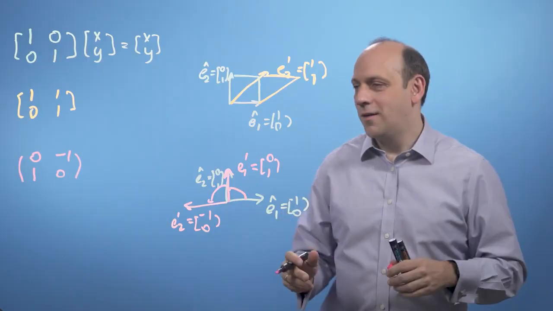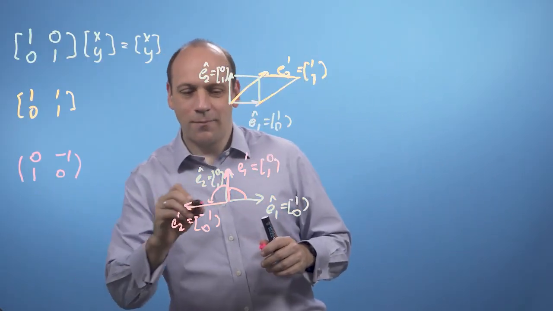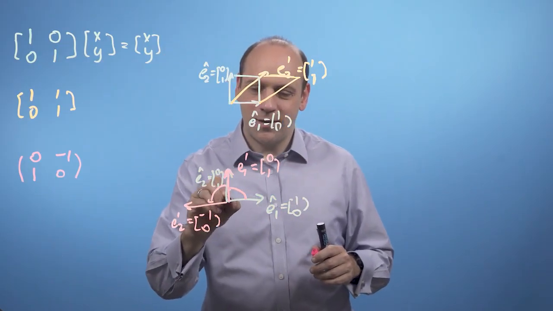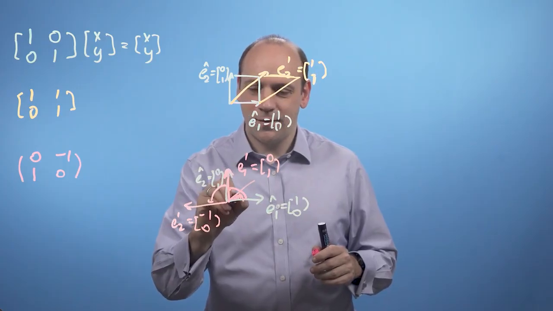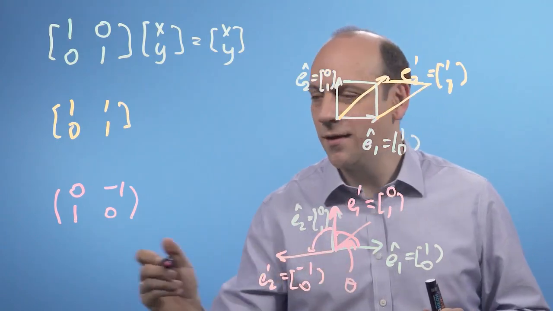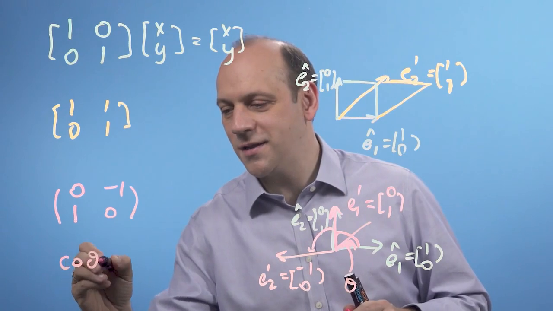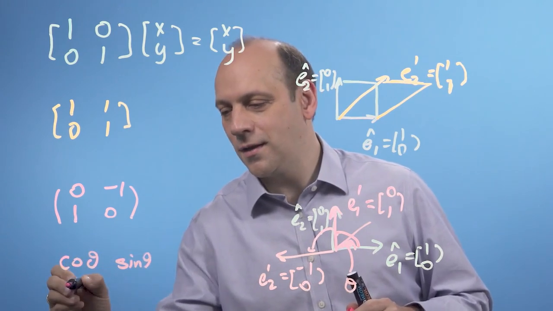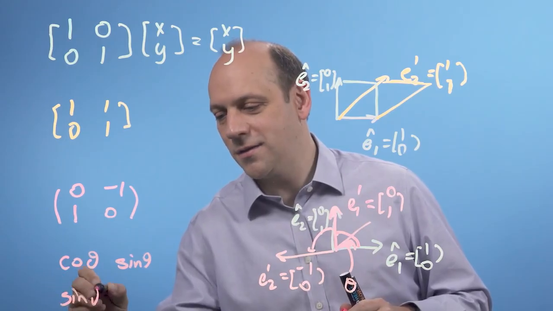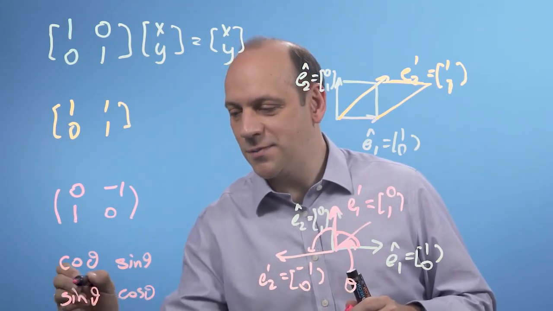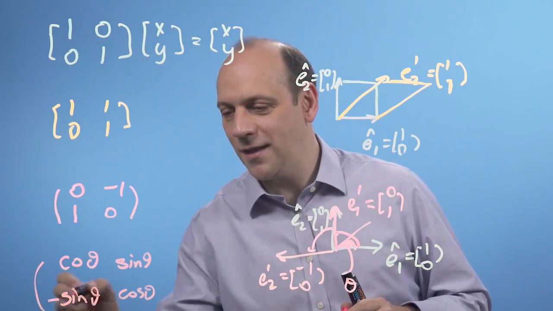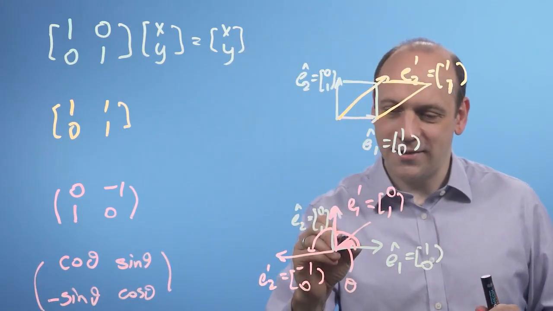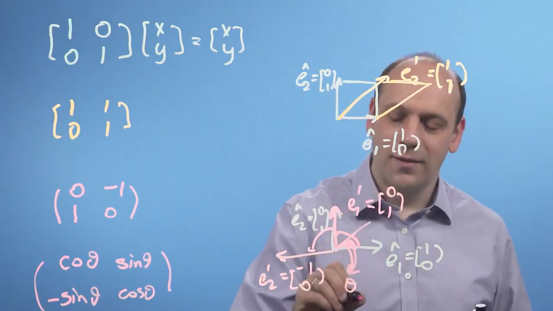And in general, I can write down a rotation by an angle here, let's say an angle here of theta. I can write that down as being cos theta, sine theta, sine theta, cos theta. And I need to put a minus sign in here where positive thetas are actually that way.